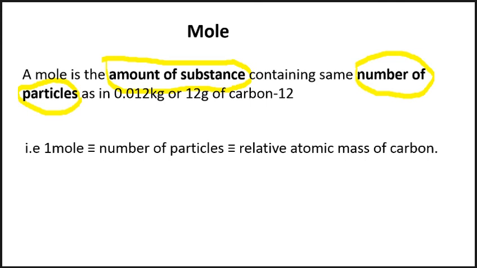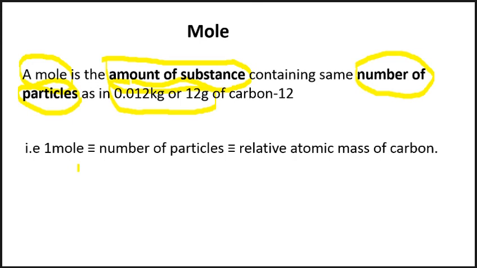So we'll be able to relate three important things here. One, we'll be able to relate the fact that 1 mole is equivalent to the number of particles contained in carbon-12, and is as well equivalent to the relative atomic mass of carbon-12. And that's what I have right here.